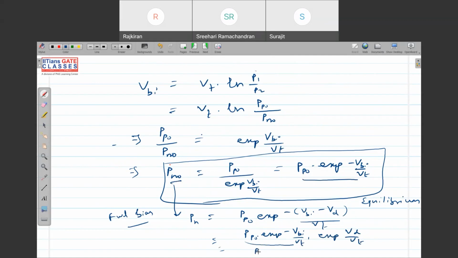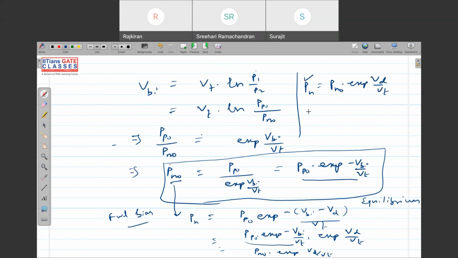So Pn equals Pn0 into exponential of Vd by Vt. What I can write is that the concentration at the junction in forward bias, whatever it was there, will be increased by exponential of the applied potential. Clear?